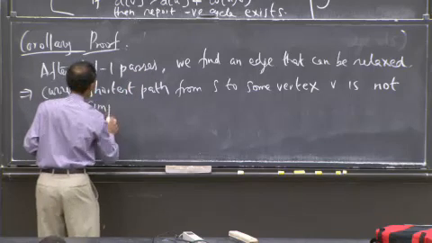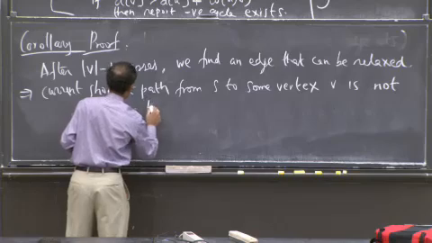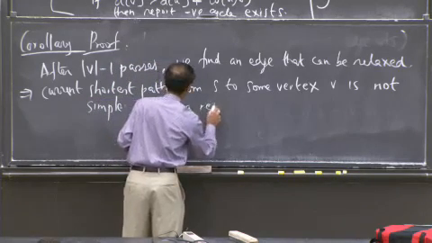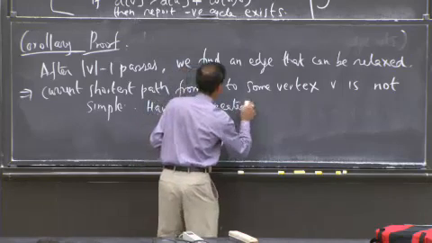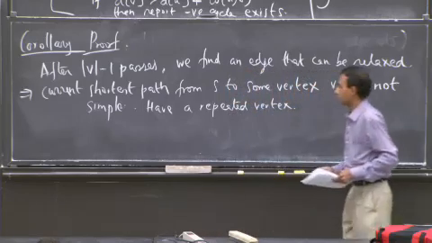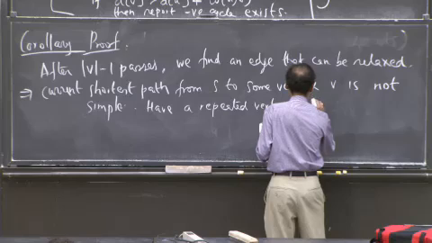Once I've relaxed this edge, I have a repeated vertex. Right? So if it's not simple, having a repeated vertex is the same as I found a cycle.